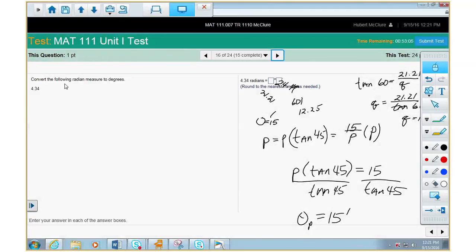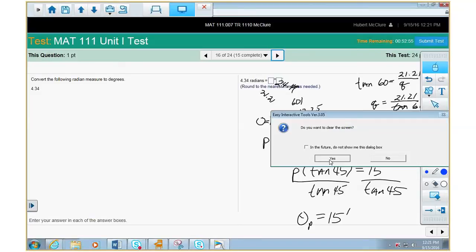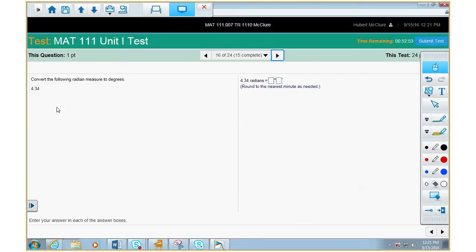Convert the following to radian measure. Convert the following radian measure to degrees. So that's 4.43. Now, are they saying that's pi, or have they already calculated pi?